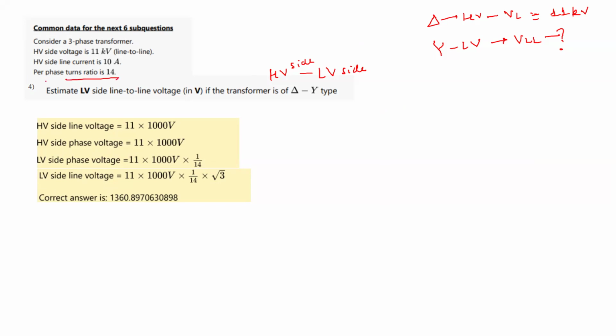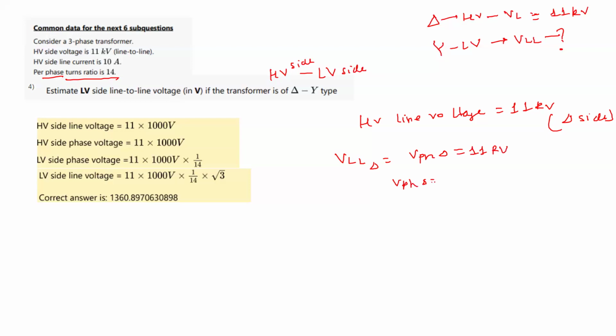In this transformation ratio, we need phase voltage, right? So we will start with the HV side. We know the HV side line voltage is 11 kV, which is on the delta side. For delta, V line to line is the same as V phase, so V phase delta is 11 kV.